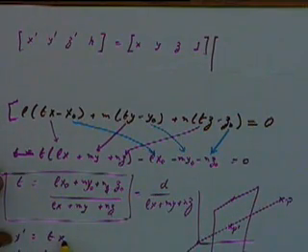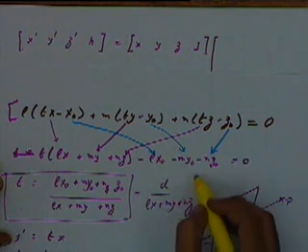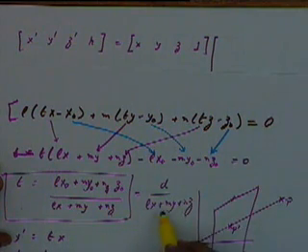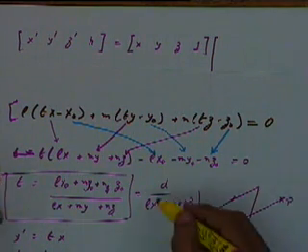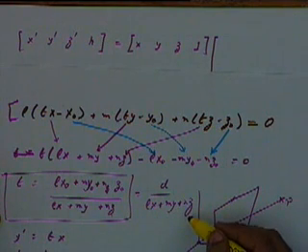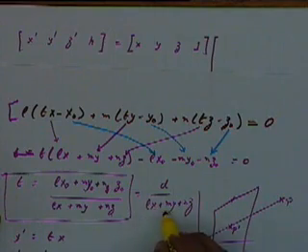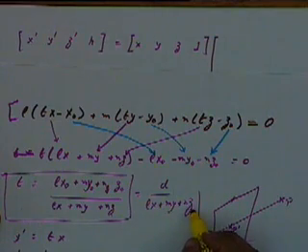X prime is t times x, but t is given by this. Again, Lx plus My plus Nz is coming in the denominator. So this is also a non-linear transformation, because Lx plus My plus Nz is in the denominator.